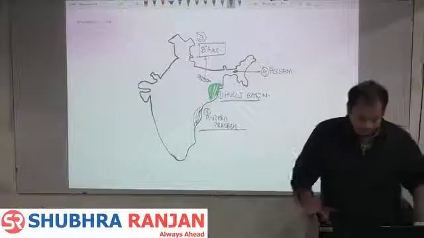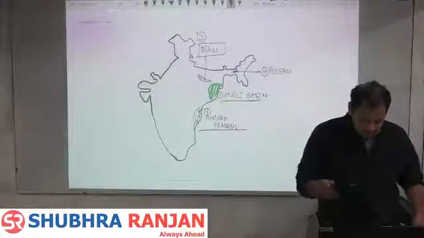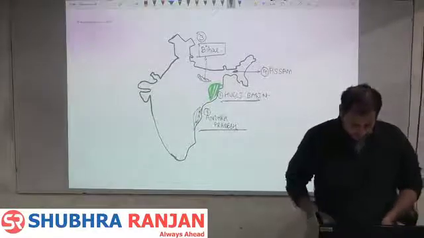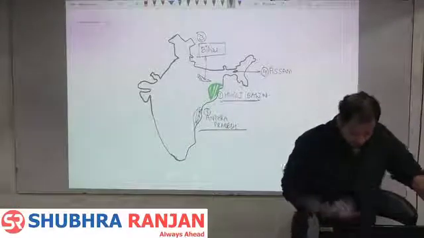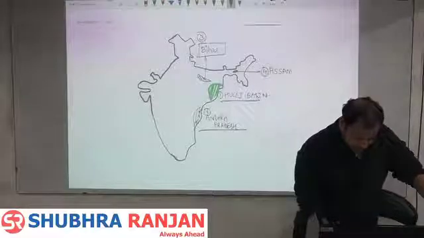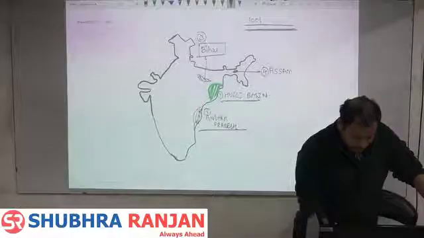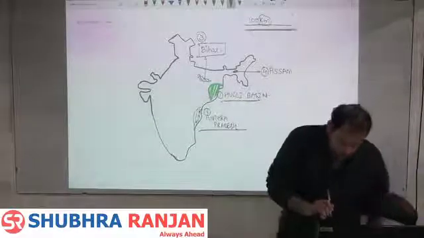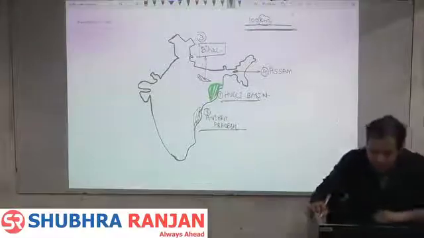Most of the mills are located in the narrow belt which is 100 kilometers long, along the banks of river Hooghly.